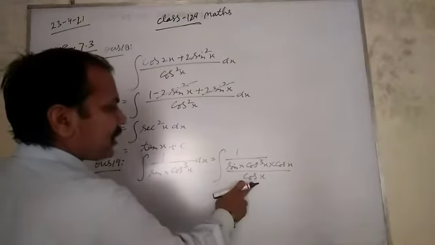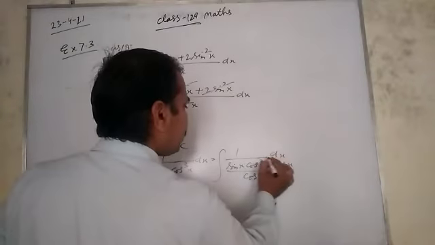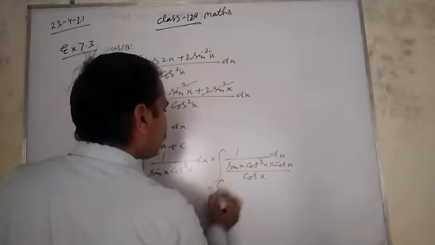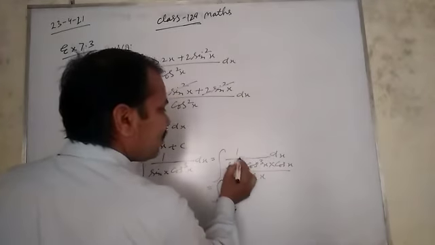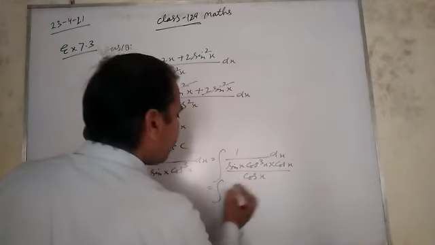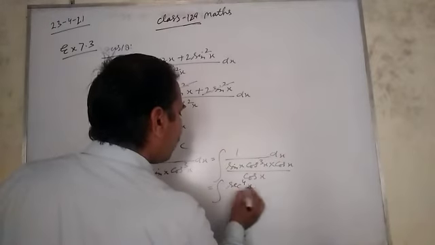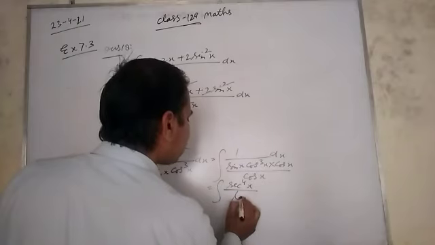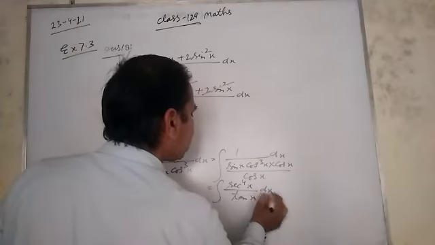So this sin upon cos is tan. So 1 upon, and this 1 upon cos power 4 x means sec power 4 x upon tan x dx.